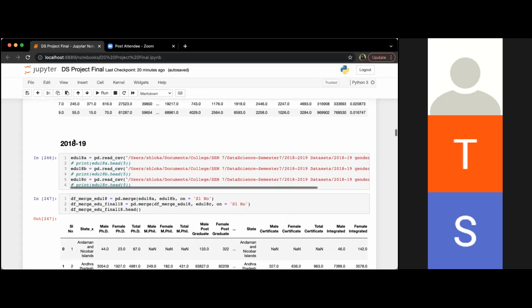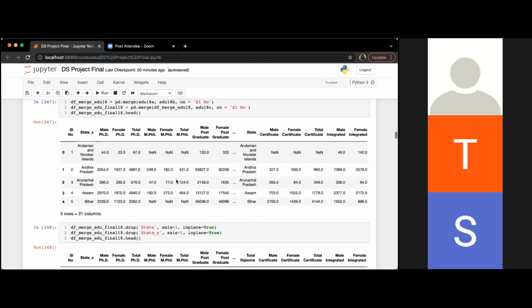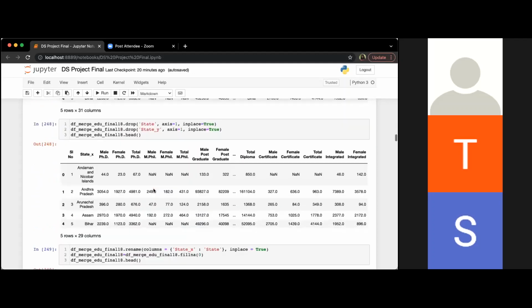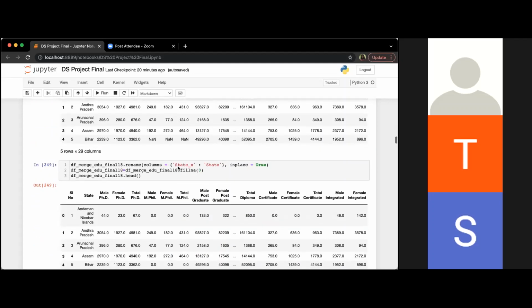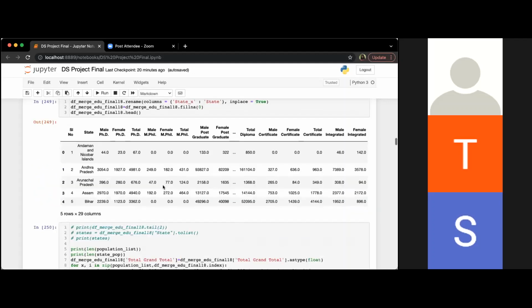We do similar pre-processing for 2018-19, where again we merged and removed the duplicate columns, and we even replaced the column names accordingly.